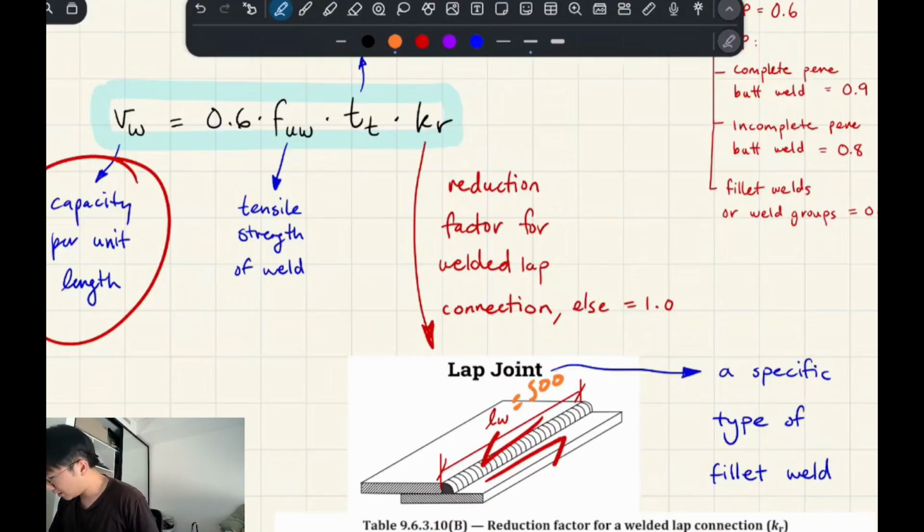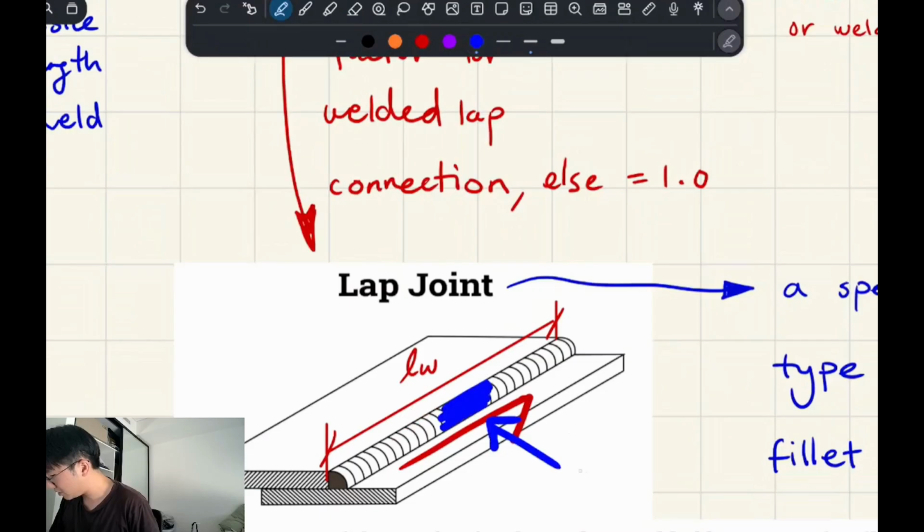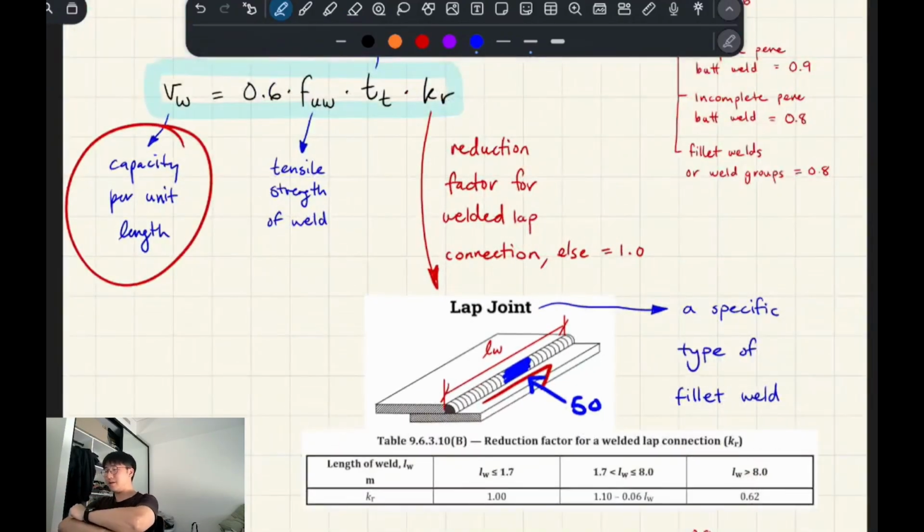But if you imagine that instead we only welded the middle, and instead of welding 500 you only welded 50mm, you can see that there'd be a linear decrease in the strength of the weld. Instead of welding 500mm, you only welded 50, you'd have 10 times less strength in your weld.